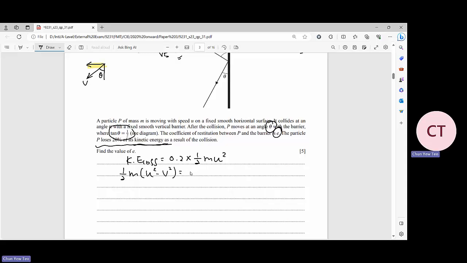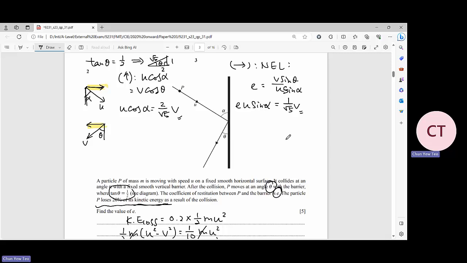If you simplify it, you get 1/5 m u square. Then you can cancel the m. You have 5u square minus 5v square equal to u square. So over here, v square is 4/5 u square.